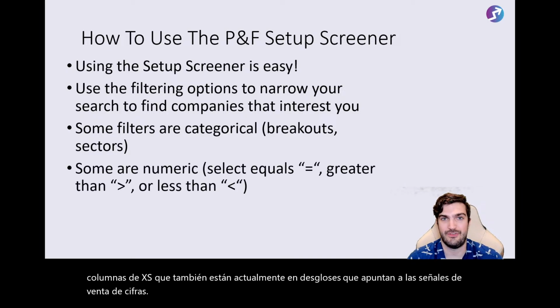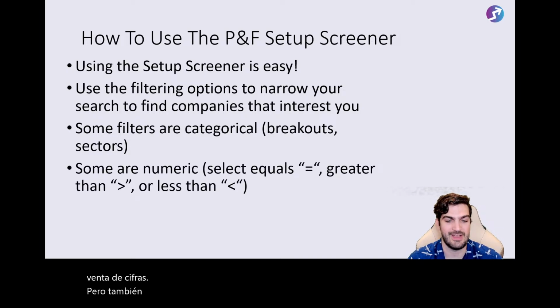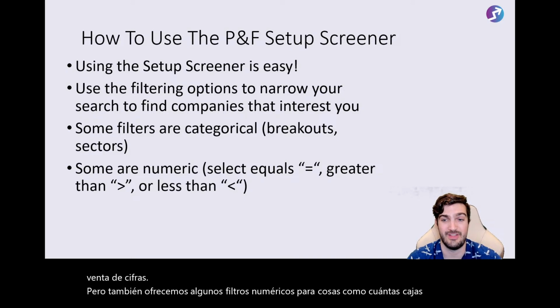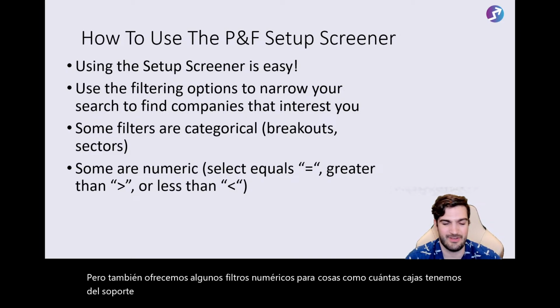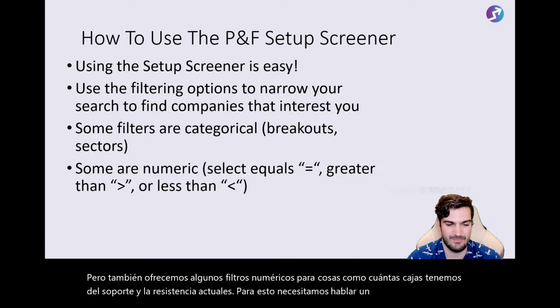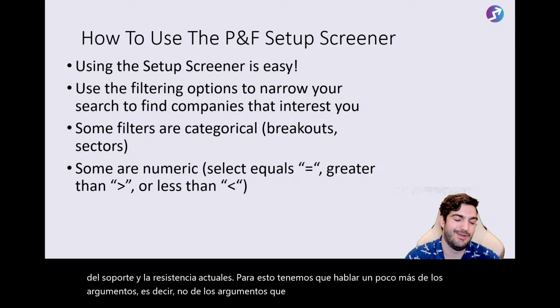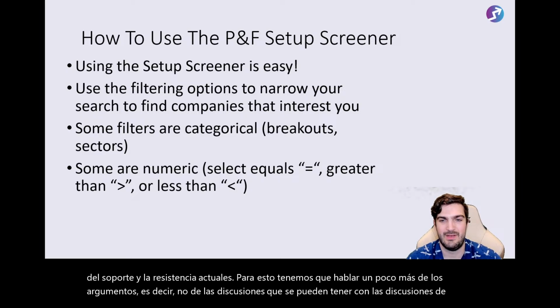But we also offer some numeric filters for things like how many boxes are we from the current support and resistance. For this, we need to talk a little bit more about arguments, aka not the arguments that you might have with other people, arguments about math.